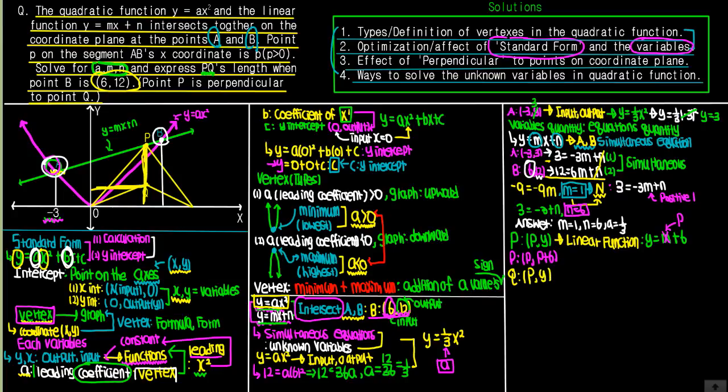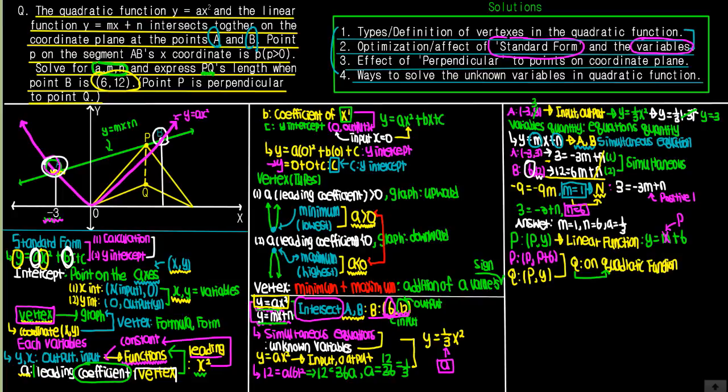But the point Q, let's look at it again. What is it on? The picture is a little bit weird, but the question just said Q is on the quadratic function. This is what the graph should be. If it's on the quadratic function, we can simply input our p value into our quadratic function and get our y coordinate.